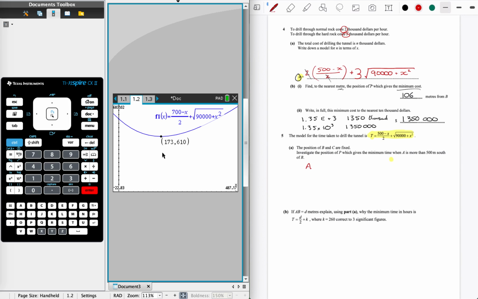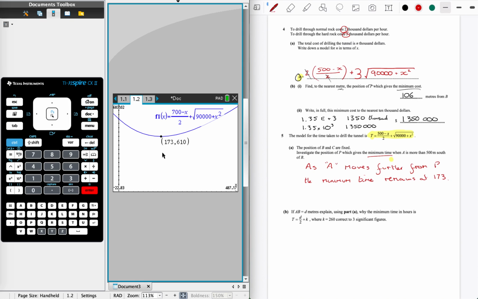What we did was we moved A, as A moves further from P, the minimum time, so I like to quote exactly what the question's asking, the minimum time remains at 173.